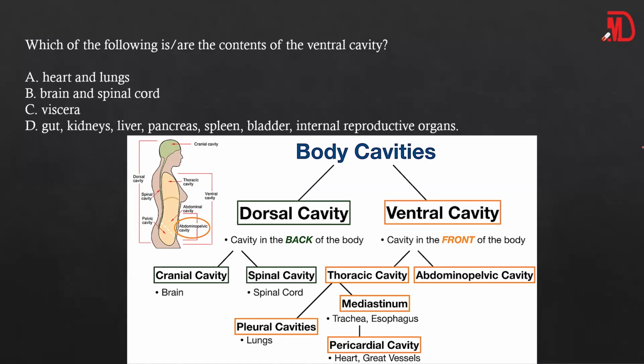So you can see that the other parts are just fragments of the main thing, which is the viscera. Because the heart, the lungs, the kidney, they are all viscera. And that is over here. The most appropriate answer that will encompass everything will be the viscera. Your answer is C.